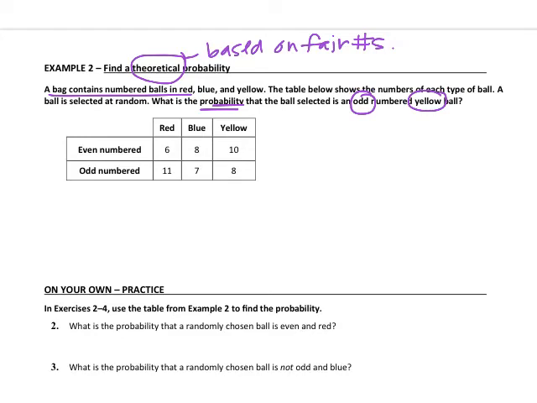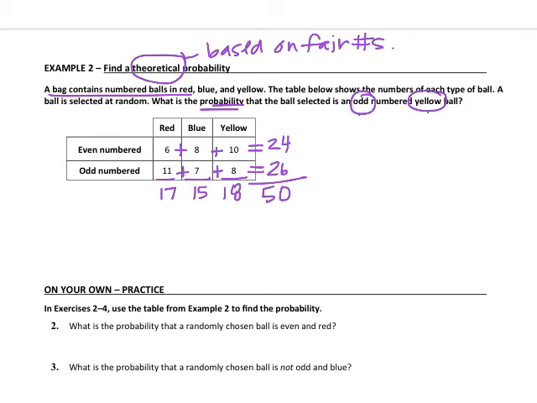Well, we have some odd numbers here, and if we add these all up, we can see that we have 26 total odd numbered balls and 24, if I add these up, even numbered balls. So the total number of balls in this bag is 50, and it's looking like there are 17 red, 15 blue, and 18 yellow. So I can figure out the total number of each one, and then I can figure out how many are odd and yellow.